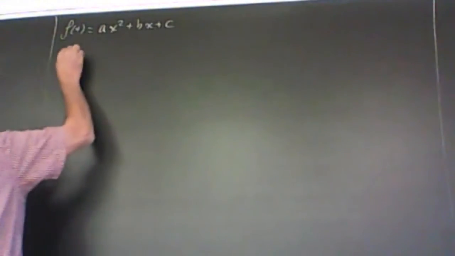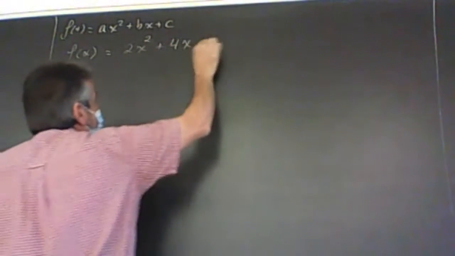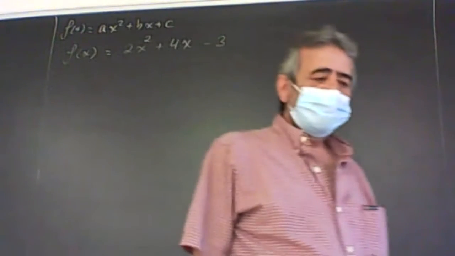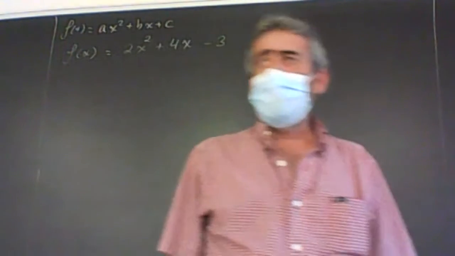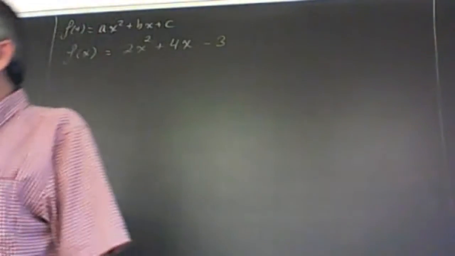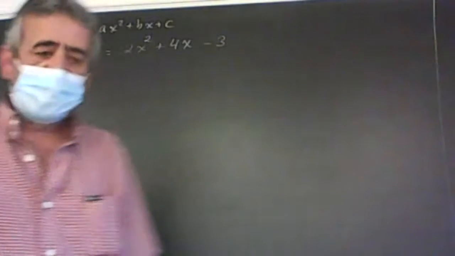Consider, for example, f of x equals, say, 2x squared plus 4x, say, minus 3. And we are trying to figure out what the vertex of that particular equation is.